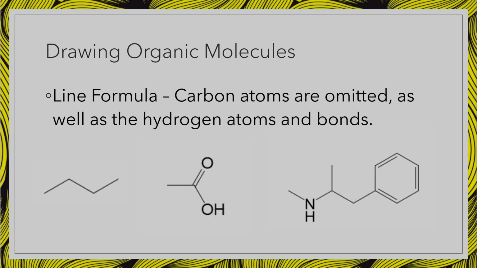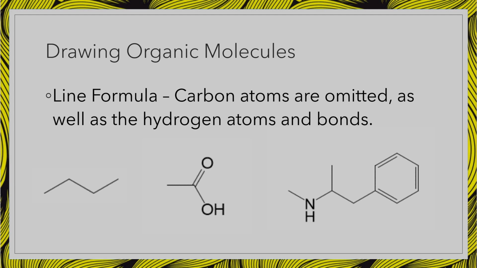We also have line formulas. Now these are used predominantly in university, just because it's so much easier to draw, but it requires a bit more thinking. Okay, because carbon atoms are omitted, as well as hydrogen atoms and bonds. So, for example, in that first molecule there, we got three lines. Okay, what that is, it's actually butane.